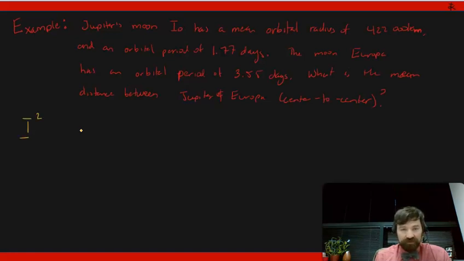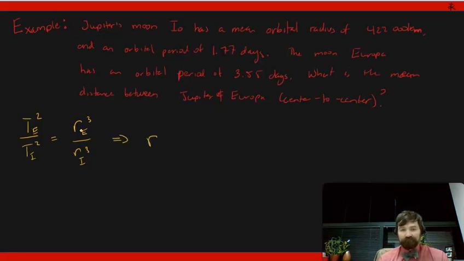So again, using the third law, which says that basically the period squared should look like the cube of the radii, we would write something like this, where I'm using I for Io and E for Europa.